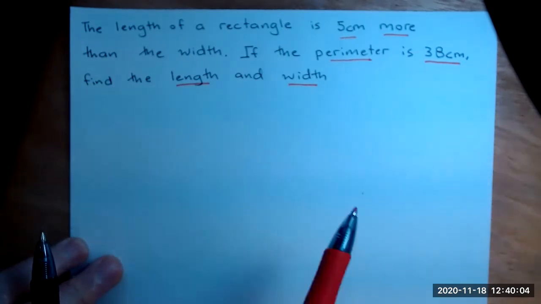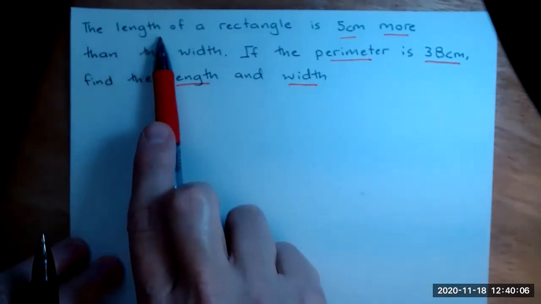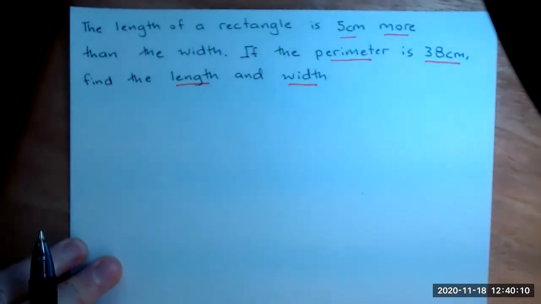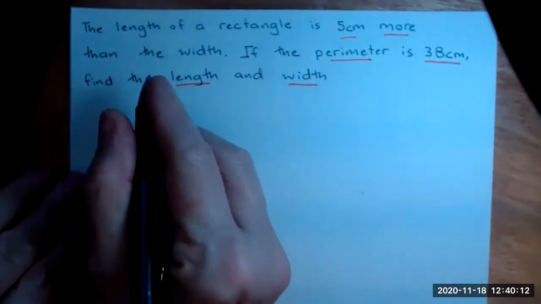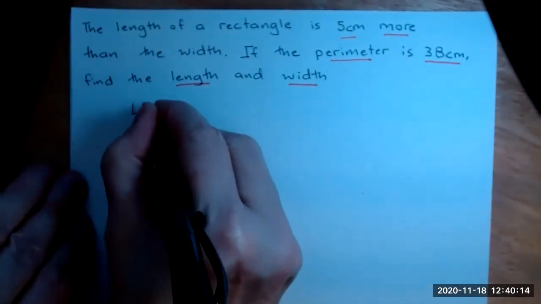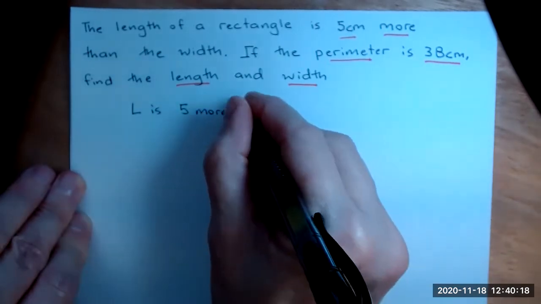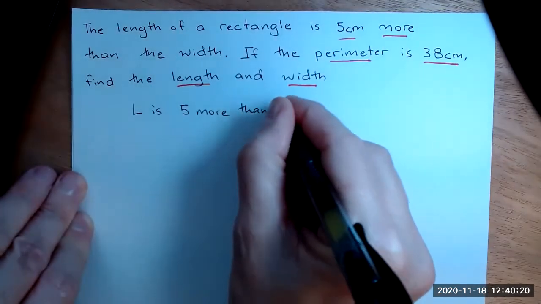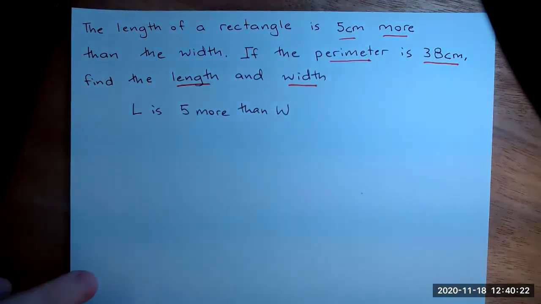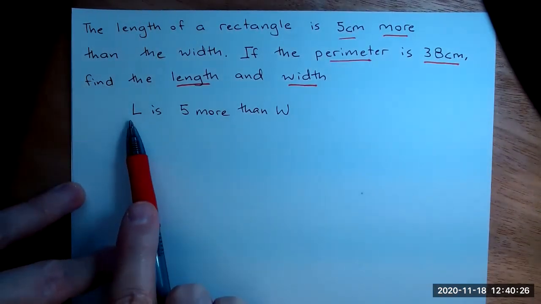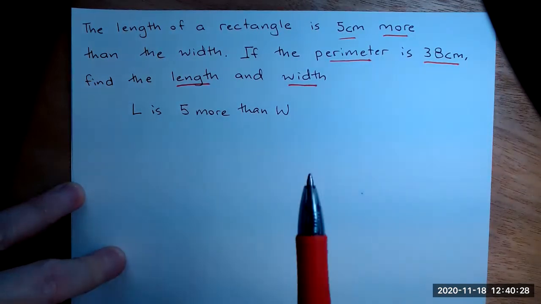So if we look at the first sentence, the length of a rectangle is 5 centimeters more than the width. So we have a relationship between the length and the width.